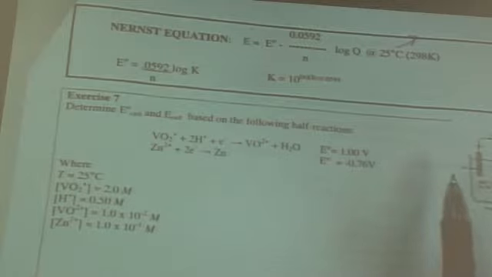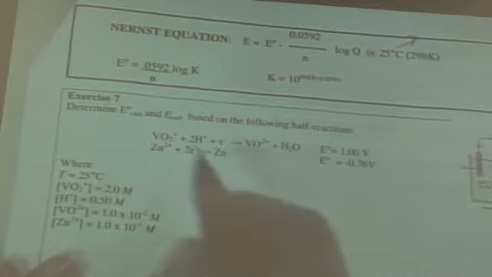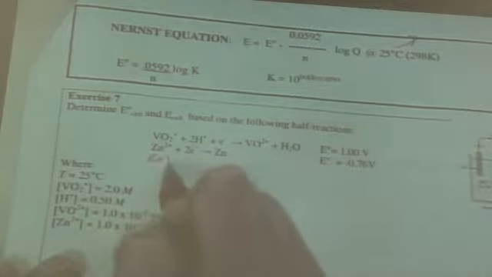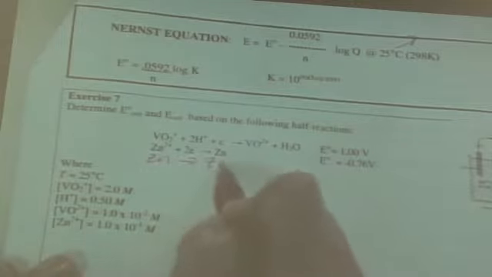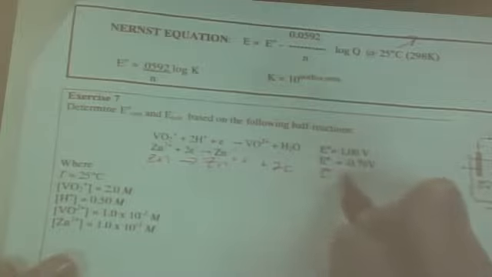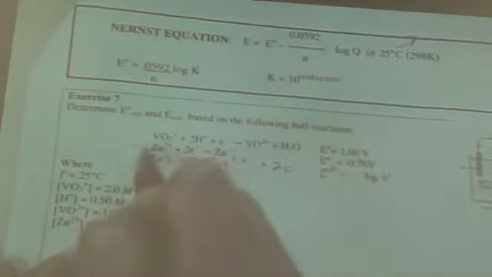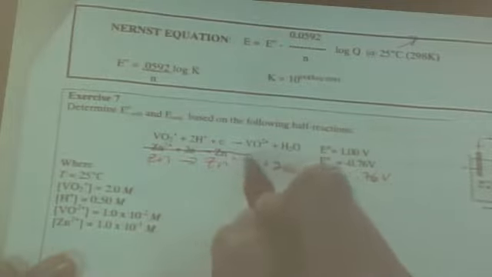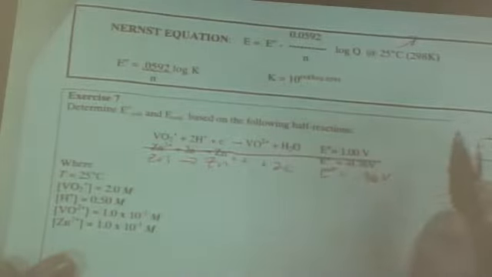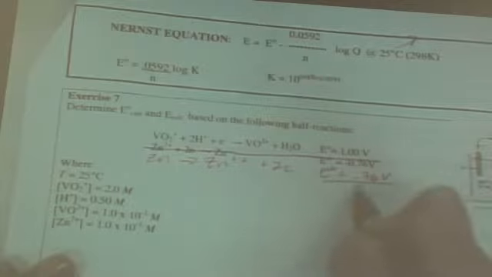So what are we going to flip? The zinc. So the zinc is going to go to the ion plus 2 electrons. And now the E will be 0.76 volts. I'm just going to cross that out. All right, so the standard cell potential is 1.76 volts.